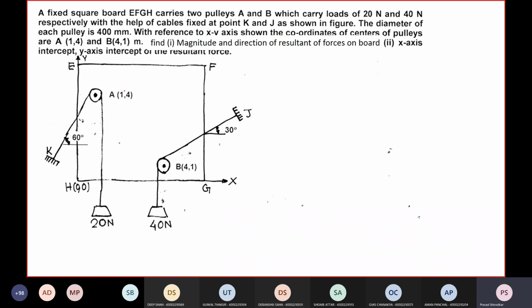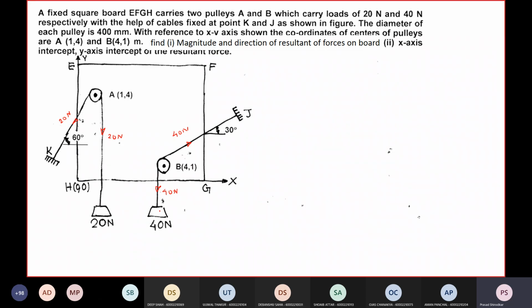Okay. So let's start with the free body diagram. So this is 20 Newton. If I just consider the rope acting on the pulley, this will be 20 Newtons and this will be 20. And this is 40 Newtons and this will be 40 Newtons.